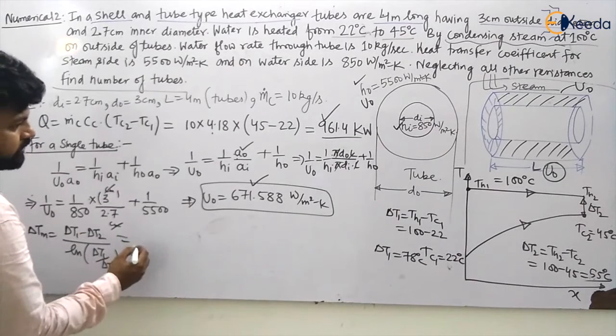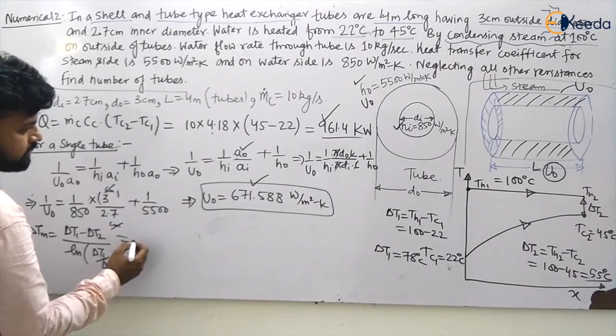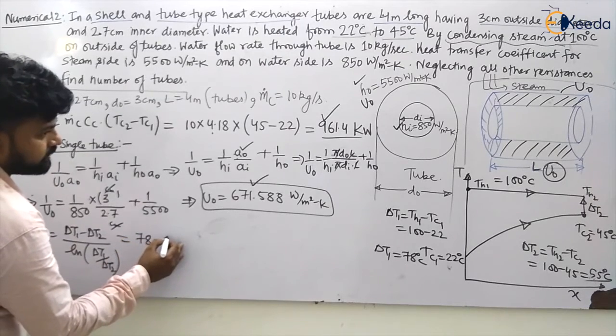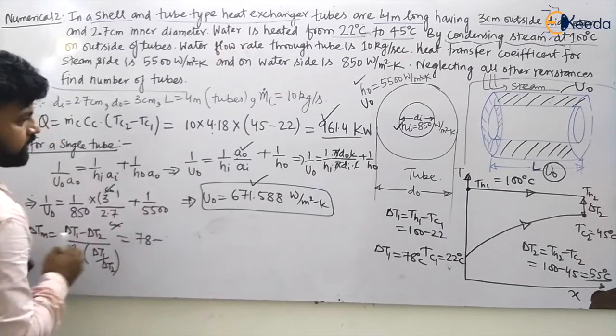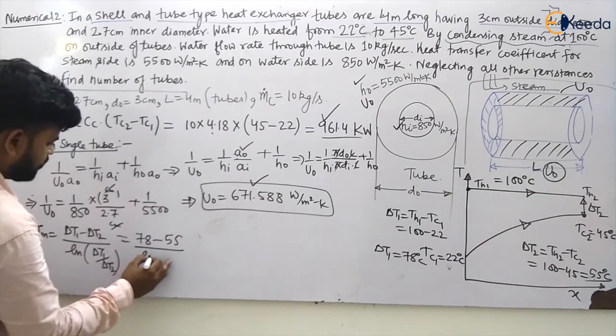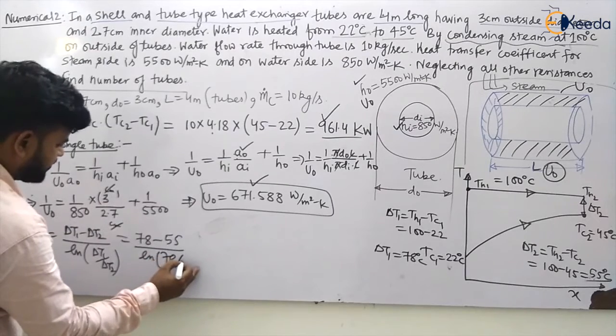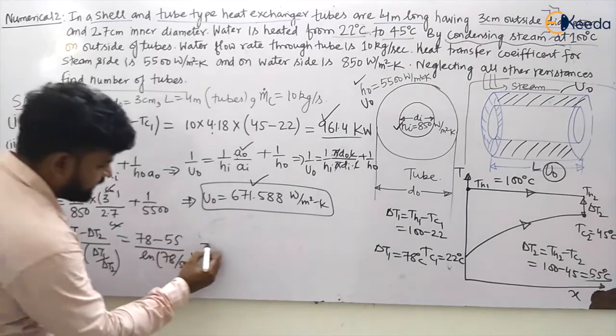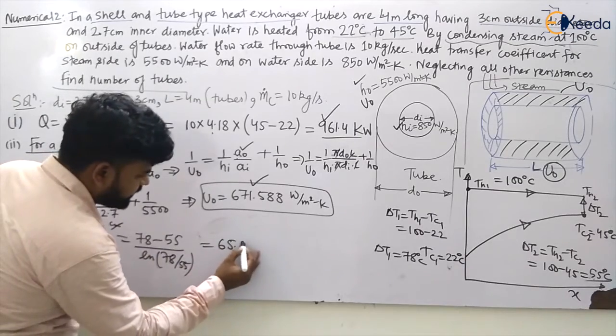Delta T1 is 100 minus 22, that is 78, and delta T2 is 100 minus 45, that is 55. So delta Tm is 78 minus 55, divided by ln of 78 divided by 55. This value will be 65.8 degrees Celsius, my dear students.